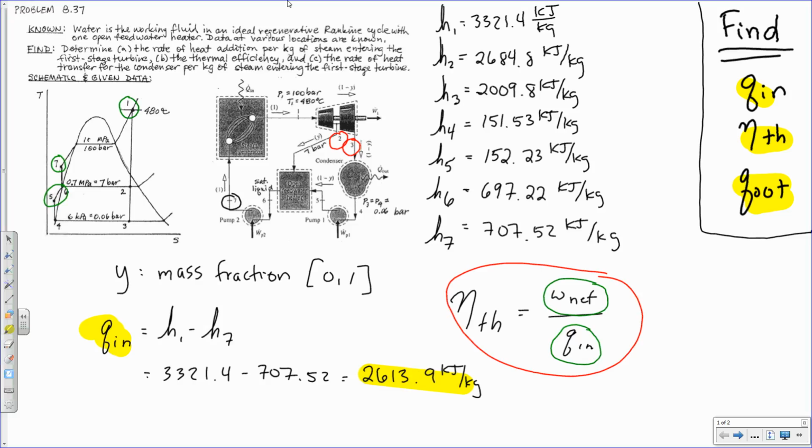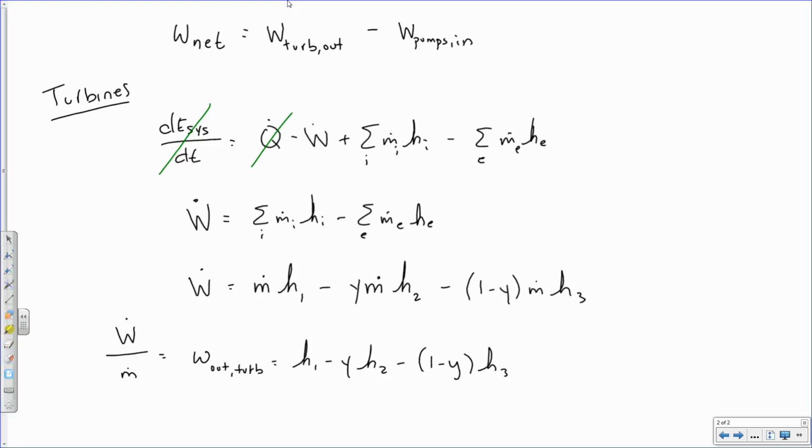In order to do that, let's consider the open feed water heater as our system and draw out the first law of thermodynamics for our open feed water heater. Open feed water heater has two inlets. One is at state 2.